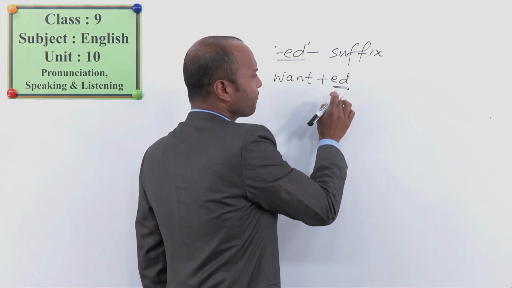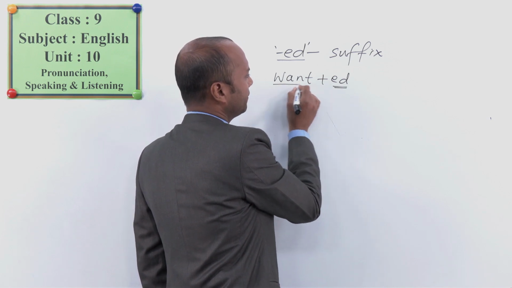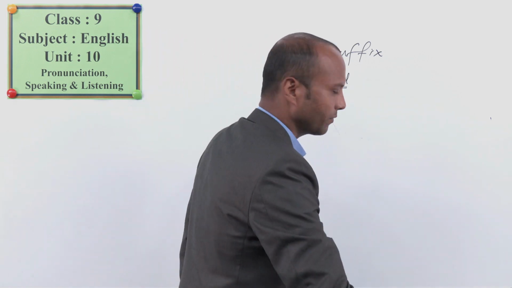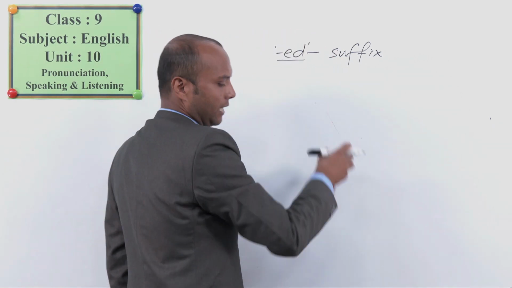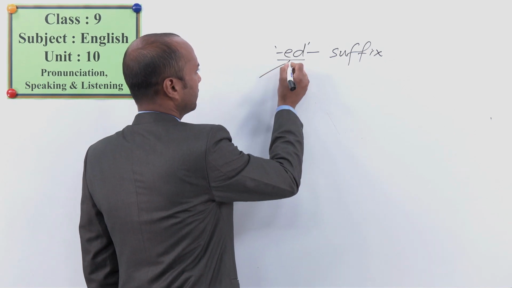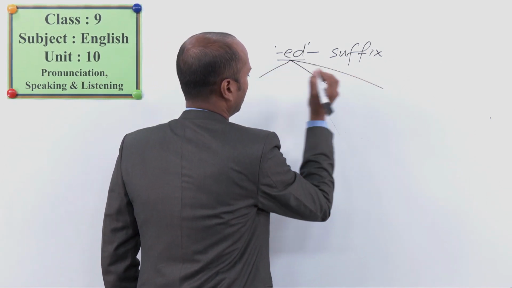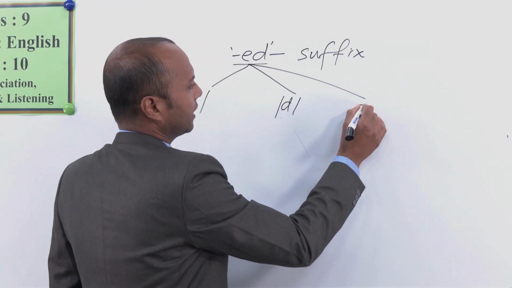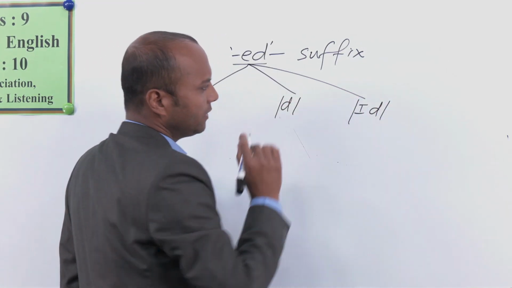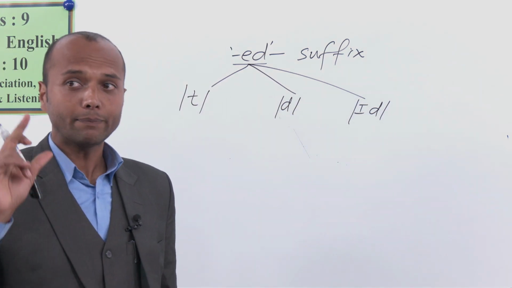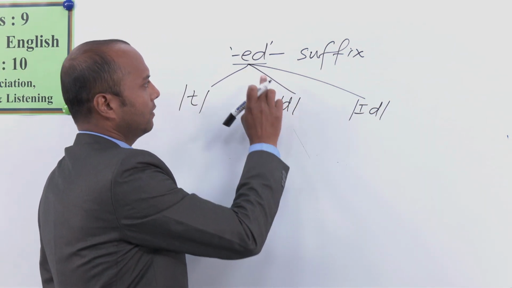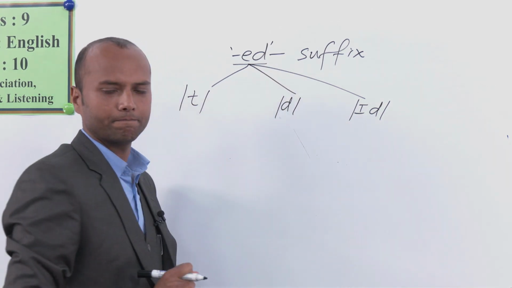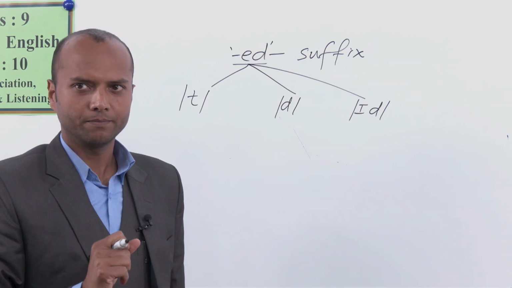When we use this ed in different verbs, it has three different pronunciations. This ed is produced as either ta or da or id. So, based on the condition, you have to pronounce the suffix differently, either ta, da or id. Clear? Very good.